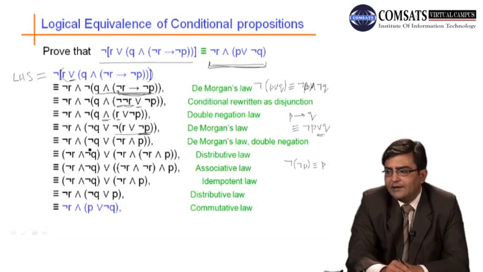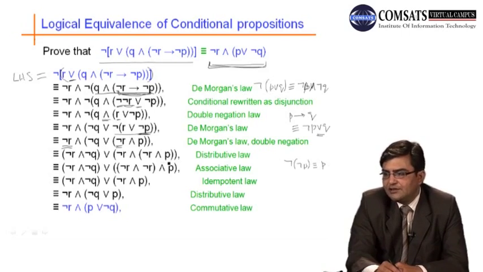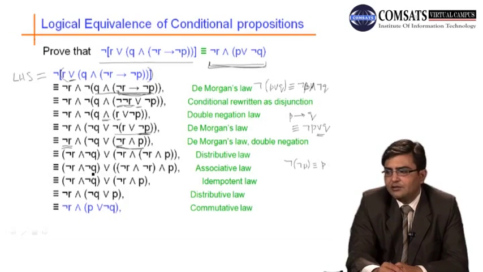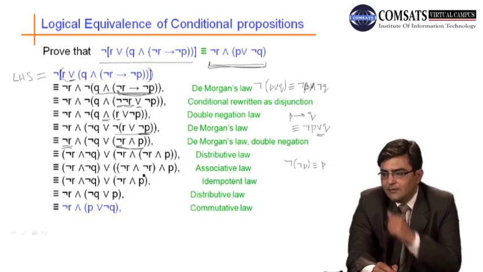So we can apply here the distributive law. As we have not R here and not R here, using the distributive law, not R and not Q, and in the middle we have the disjunction operator, and we have not R and this whole expression, not R and P. So we have applied the distributive law in this step, and then the associative law: not R and not Q, or we have not R here.